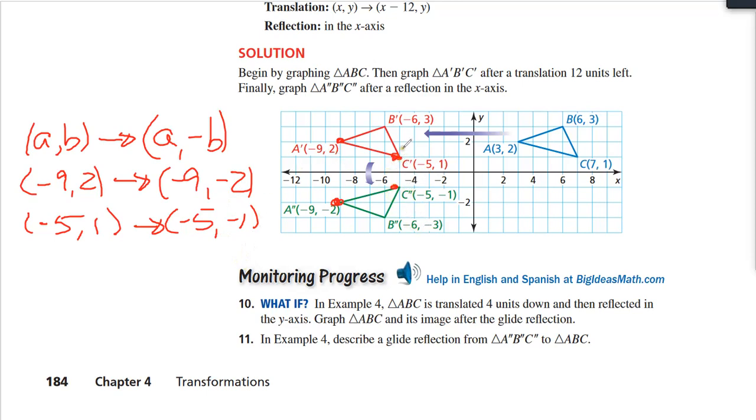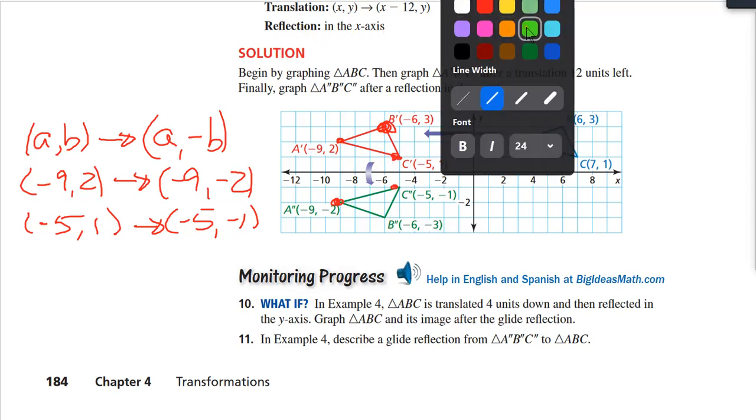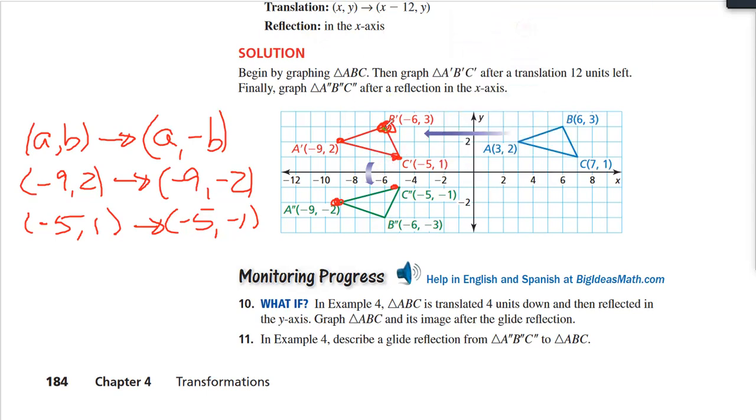So here's the idea. If I want to reflect this point right here, down here, remember in the beginning we talked about that line that went through the line of reflection. I should have used the line tool.